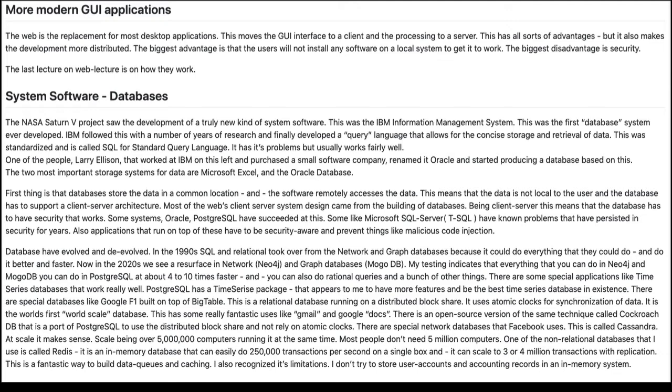And you also got, along the way, relational tables and queries and a whole bunch of other stuff that you didn't have before. So these days we see a resurgence in some of these things, like network databases, Neo4j, and graph databases. MongoDB, for example, is a non-SQL data store, a document store.